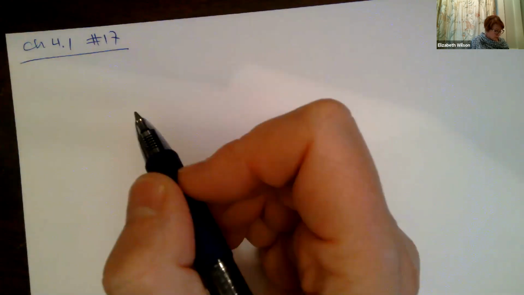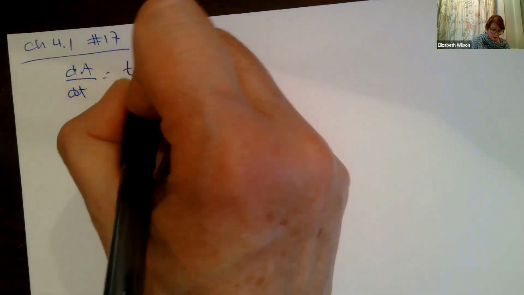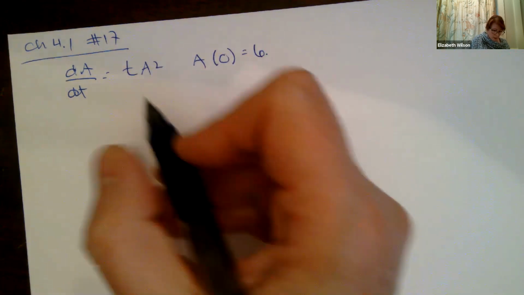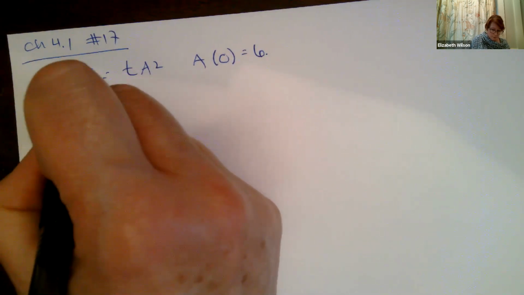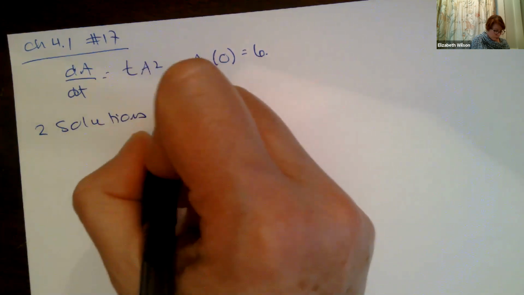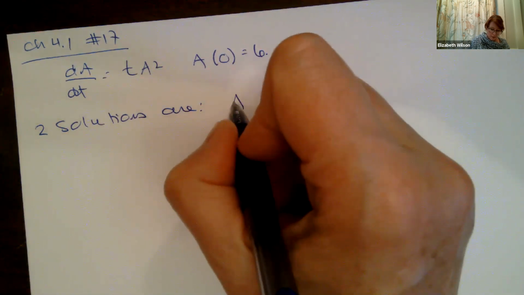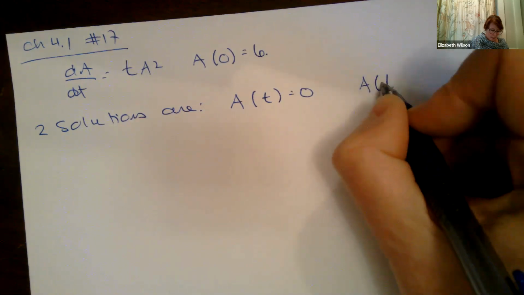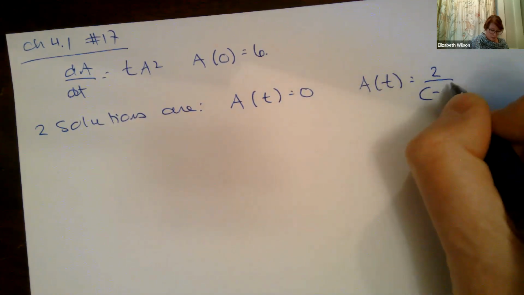It says, give an explicit solution to dA/dt equals t times A squared, A(0) equals 6. Two solutions are possibly A(t) equals 0, and A(t) equals 2 over (c minus t) squared.